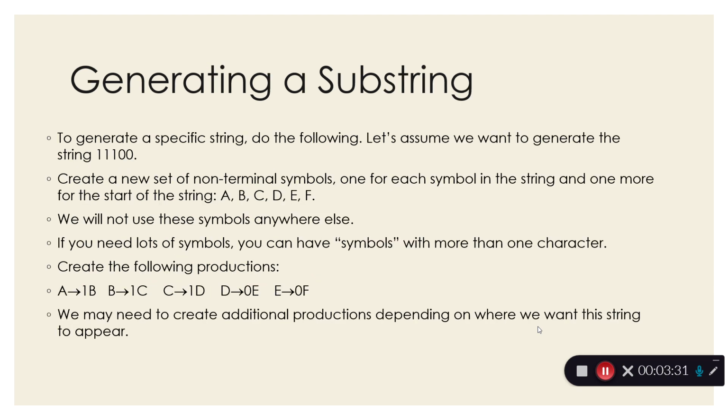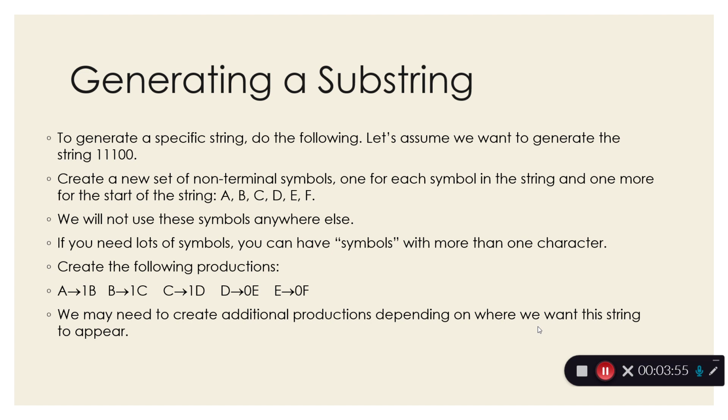To generate a specific string, we do the following. Remember that a grammar is a generator, not an acceptor, the way finite automata are. So let's assume that we want to generate the string 11100 somewhere. It doesn't matter exactly where, but we're going to generate it somewhere.